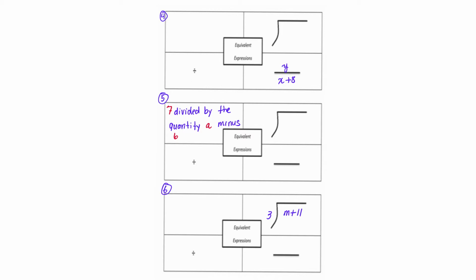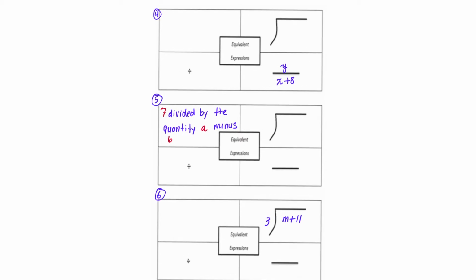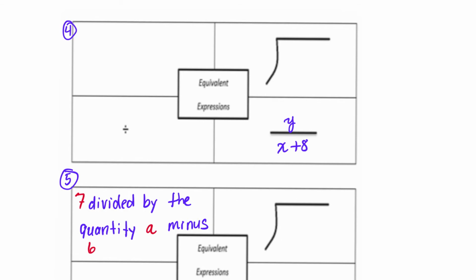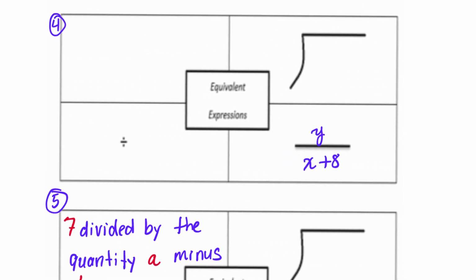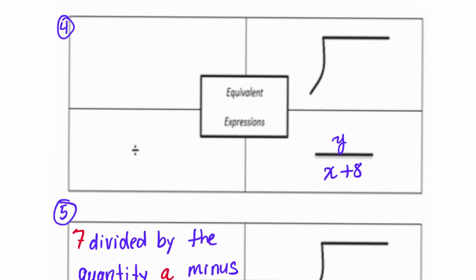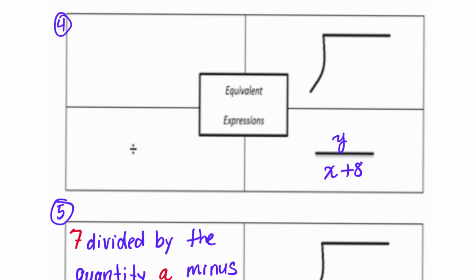We're going to do the next 3 and notice that the expressions are getting a little bit more complex. So you might want to try to maybe do one together and then see if you can do the other one by yourself. You can always pause the video and see how much work you can do independently.